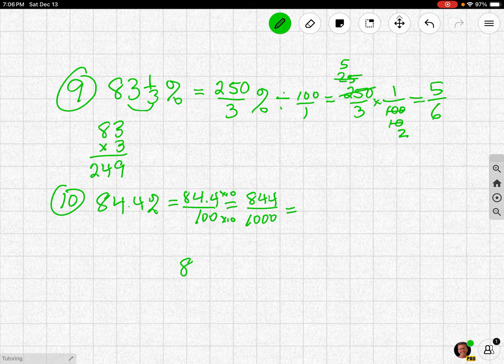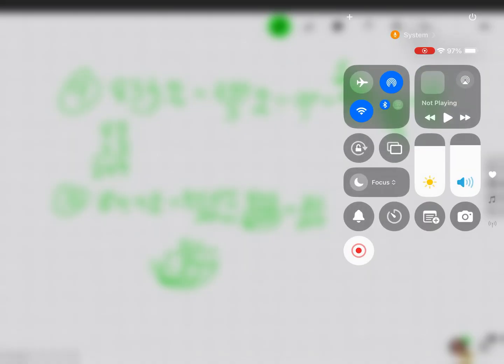Let's try that. 844 divided by 4 is going to be 211. I can see that easily. It goes in twice there, once there, and once there. 211, and what's 1/4 of 1,000? Well, that would be 250. I don't think I can simplify that any more than what I already have. So your answer is 211 out of 250, 211 250ths. All right, well, hopefully you got that, because that's the end of the video. Let me know if you don't.